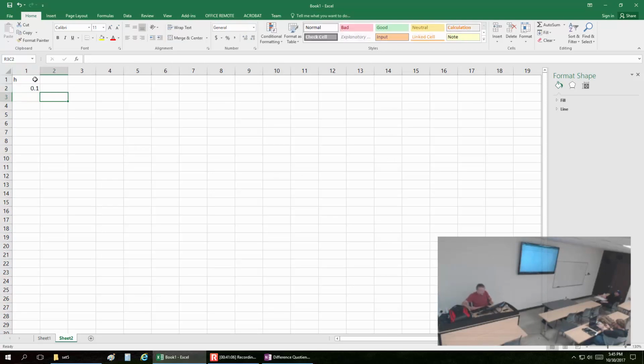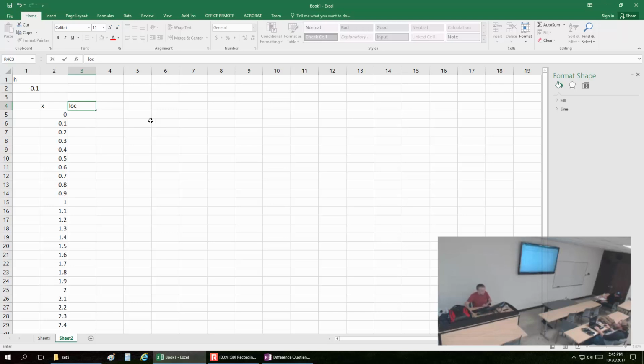The values of x are the same, so it's once again 0, and then the next one is the previous one plus h. I pick a few of them. Now this will be my location, function g. I just put any kind of value I want here, I don't know, 1 minus x squared, equal to 1 minus this one squared.